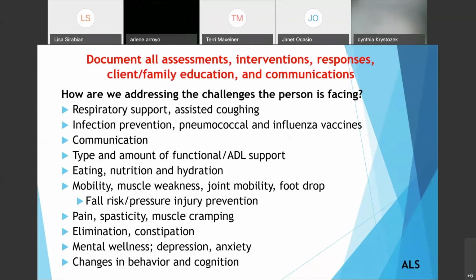They really recommend doing that very early, by the way, while the person still has their abilities, start early working with the communication aids. The type and amount of assistance for function in ADL: eating, mobility, fall risk, pressure injury prevention, pain, spasticity, muscle cramping, elimination, mental wellness, changes in behavior, and cognition.